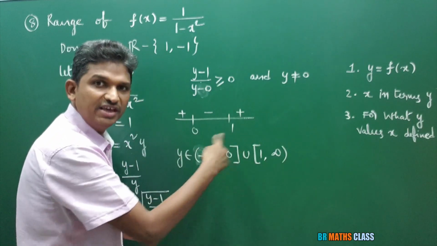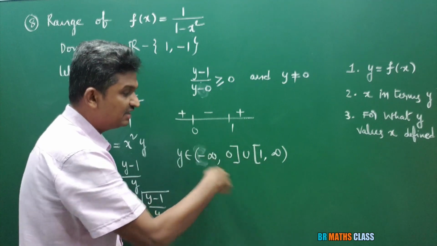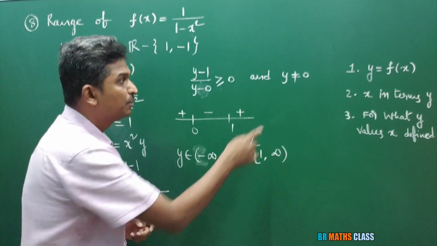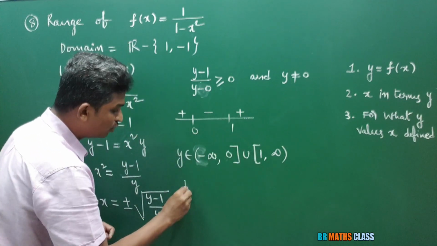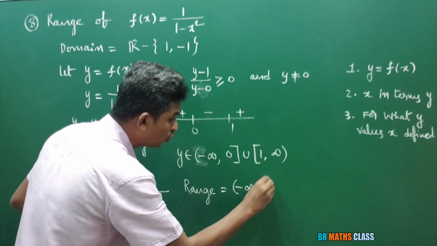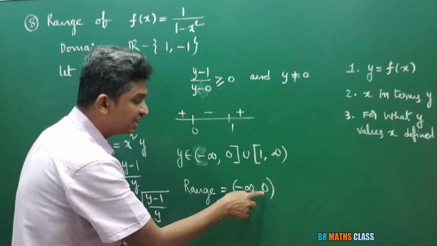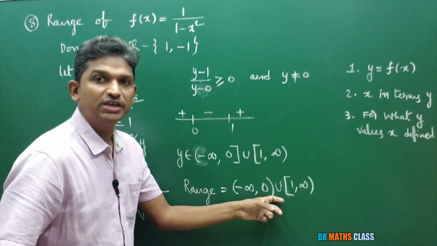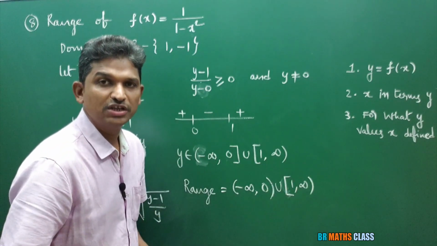In this interval 0 is there; closed 0 means 0 is included, but y cannot be 0. So the range is open interval minus infinity to open interval 0, where 0 is not included because y cannot be equal to 0, union closed interval 1 to infinity.